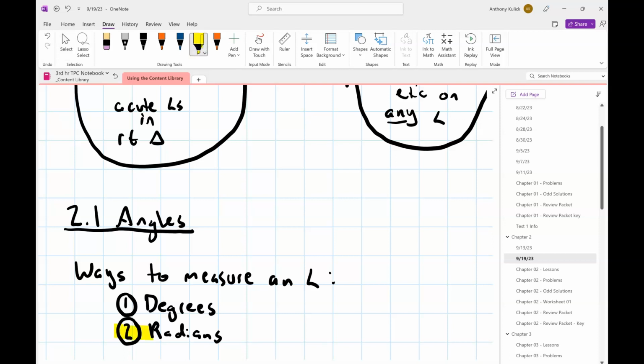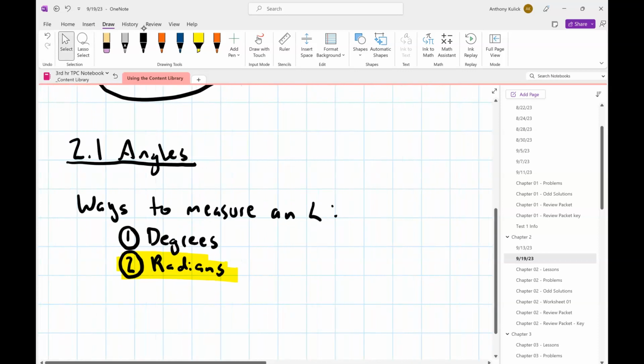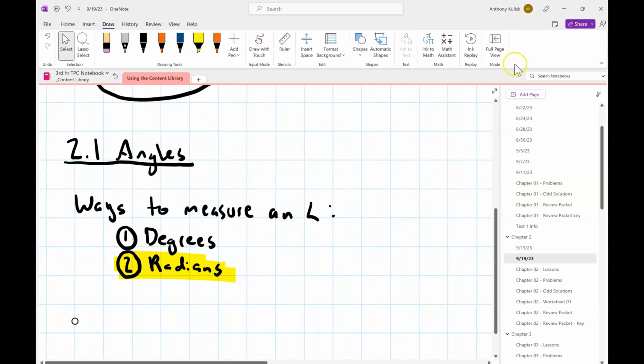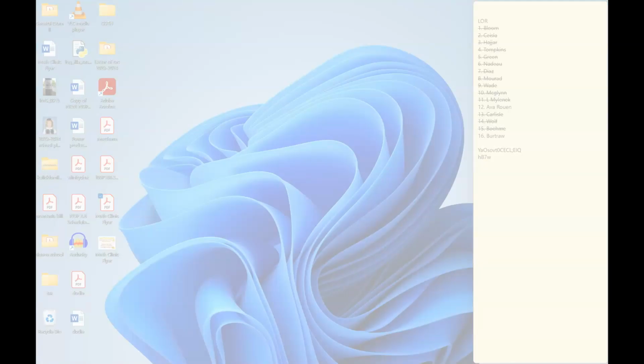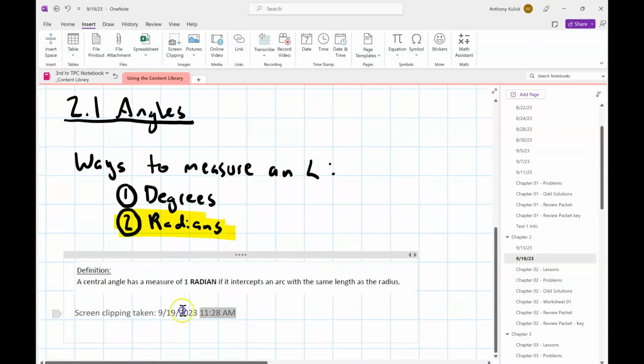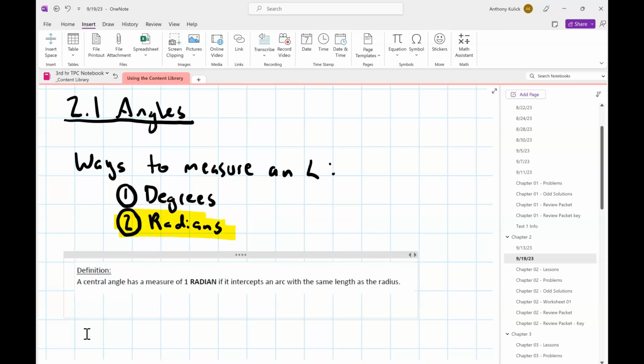And this is what we're going to be talking about here to start today, this other way of measuring an angle called radians. So let's start with our definition of what a radian is then, right? We say that a central angle has a measure of 1 radian if it intercepts an arc with the same length as the radius.